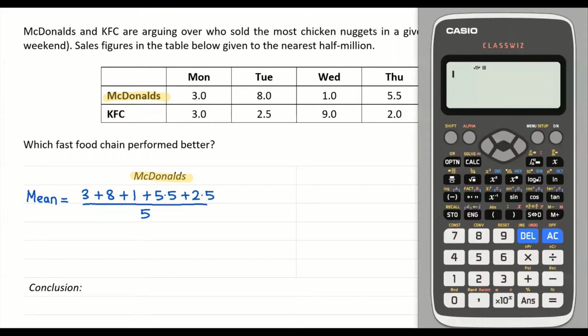So if we add up all those numbers, 3 plus 8 plus 1 plus 5.5, add 2.5, that gives us 20. Just write that in here. 20 divided by 5 is, of course, 4. So the mean number of sales for McDonald's is 4. Now, that's in million, so the mean is 4 million.